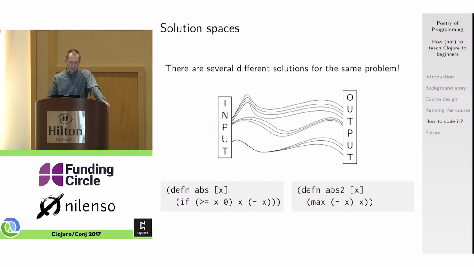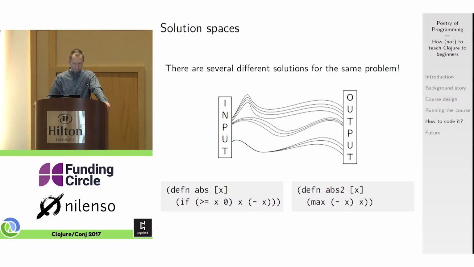But okay, another thing, which is still after solving the problem, you want to go back and think about your solution, because most of the time we don't just have a single solution. We have several different solutions. So it's better to think of it as a solution space rather than just a single path.